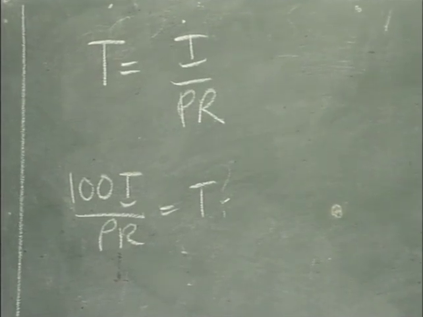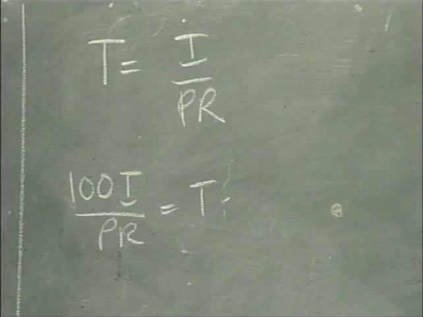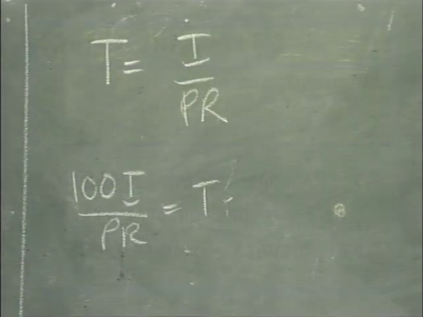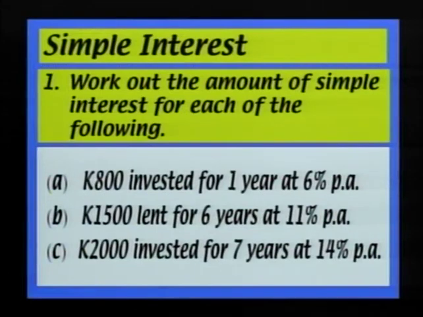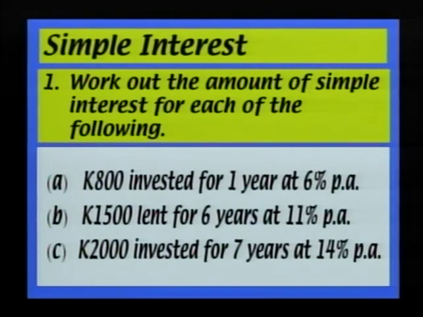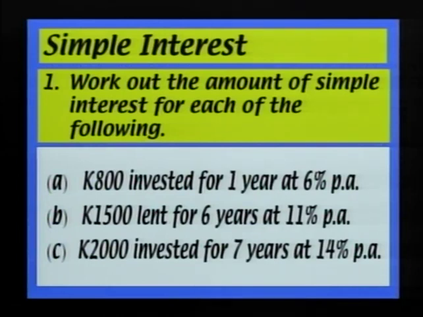Okay then, so see if you can do question 1C quickly, as an example. We have to work out the amount of simple interest when 2,000 kina is invested for 7 years at 14% per year.